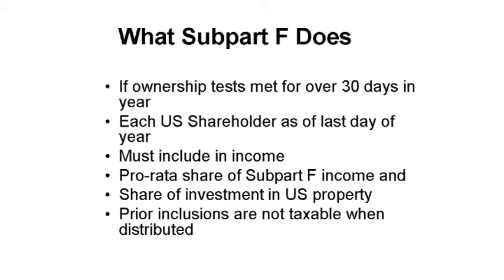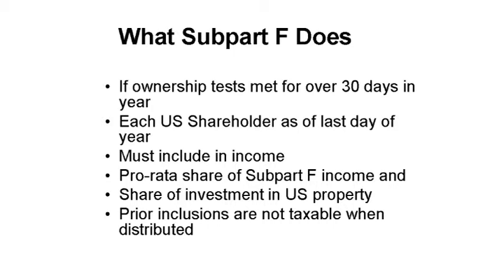The second is the shareholder's portion of the CFC's investment of the CFC's earnings and profits, or E&P, in U.S. property. These inclusions are limited based on E&P, and there is a coordination rule between the two inclusions.